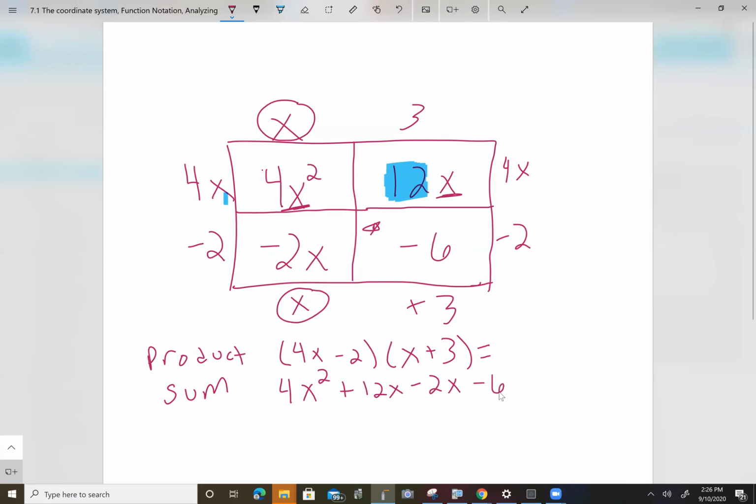You can leave it like that, that's 100% correct, or you can combine these two because they are like terms. So you can say 4x squared, positive 12 minus 2x is plus 10x minus 6.